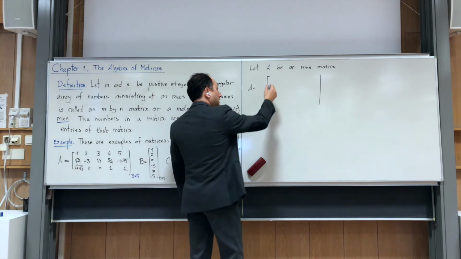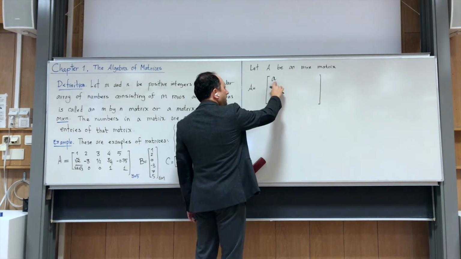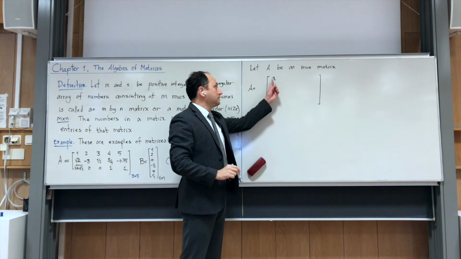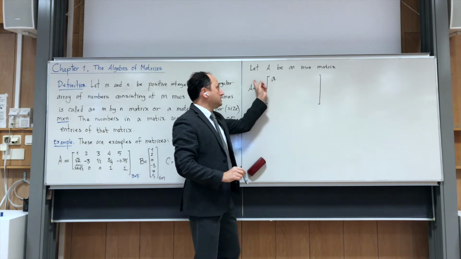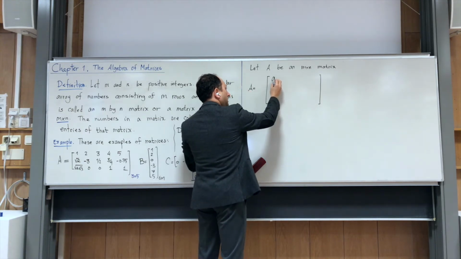So for example, the first entry, I would write it little a, but of course, I need two indices to locate the position of this first entry. This entry is sitting on the first row, so I put an index 1.